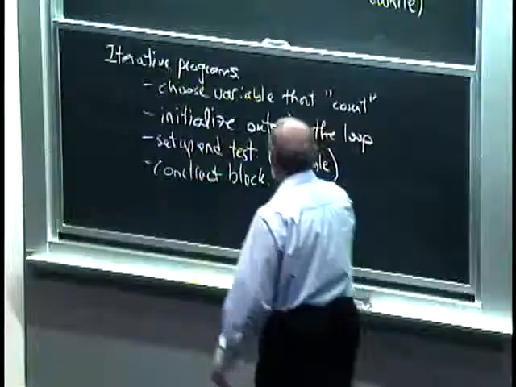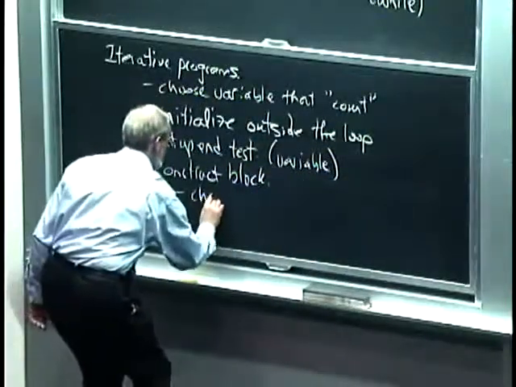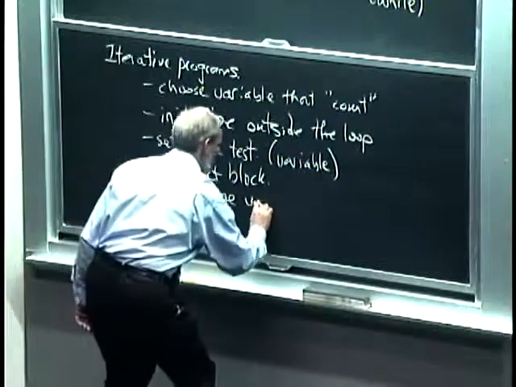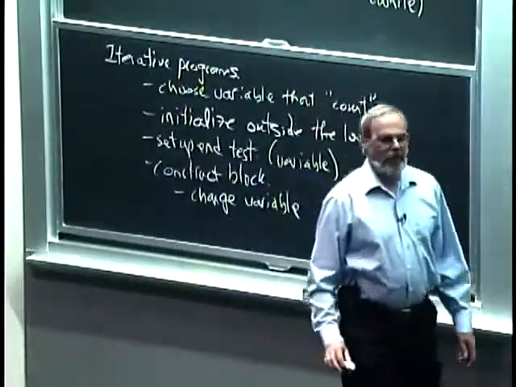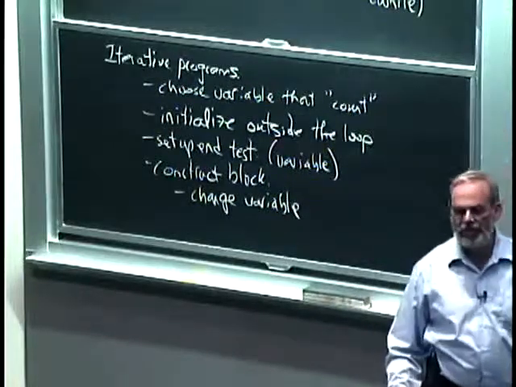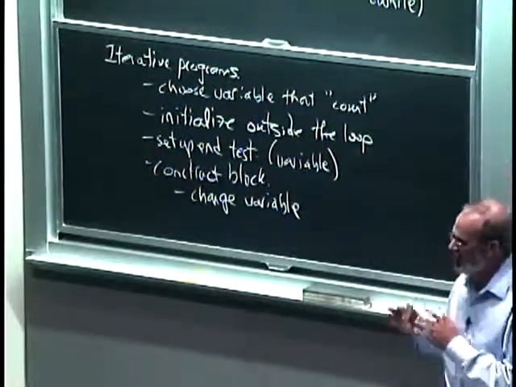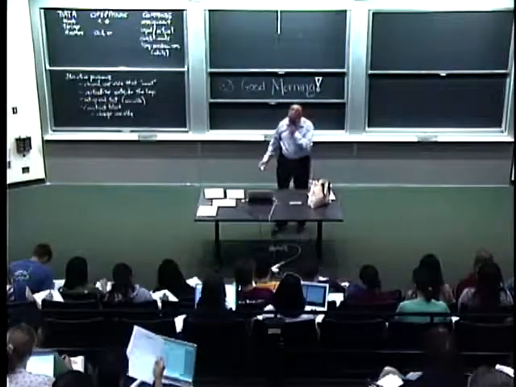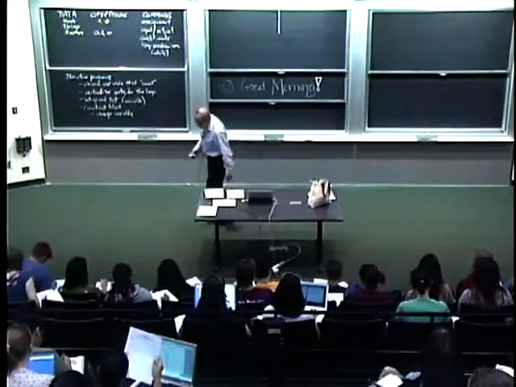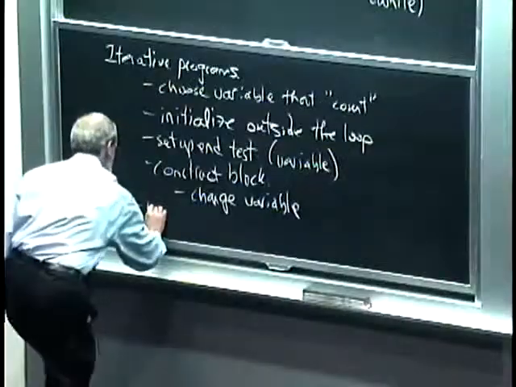And I remind you that inside of here, I better be changing the variable. If that variable that's counting is not changing, I'm going to be stuck in an infinite loop. So I ought to expect somewhere in there a change of that variable. All right, and then the last thing I want to do is just decide, what do I do when I'm done?